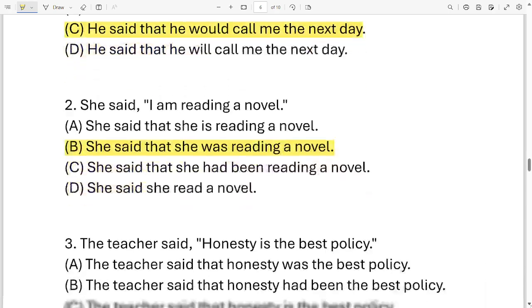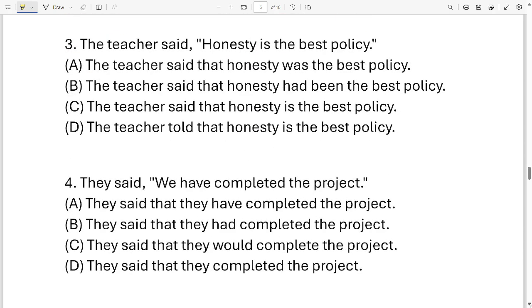Next question. The teacher said, honesty is the best policy. Your options are the teacher said that honesty was the best policy. Next, the teacher said that honesty had been the best policy. Next, the teacher said that honesty is the best policy.